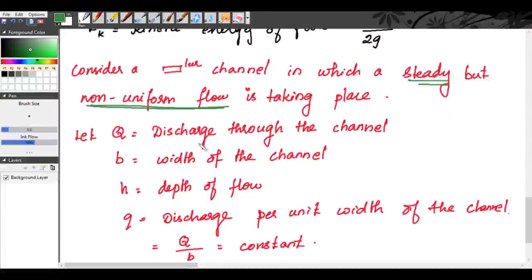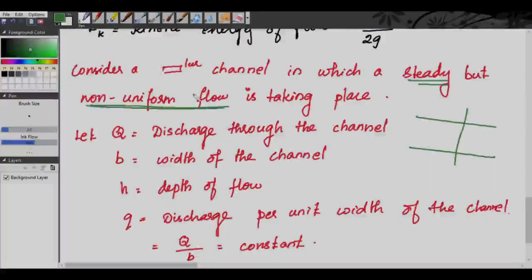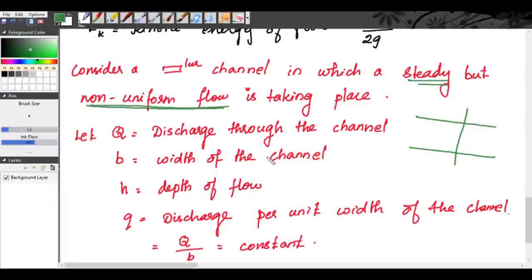Now let Q be the discharge through the channel. We are taking a channel of rectangular cross section. Let B be the width of the channel, H the depth of flow, and small q the discharge per unit width of the channel.